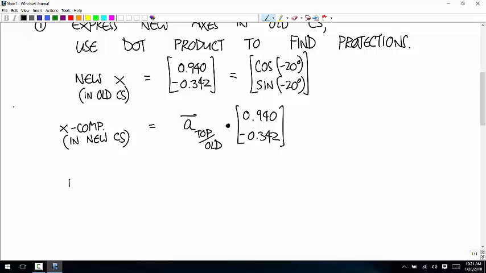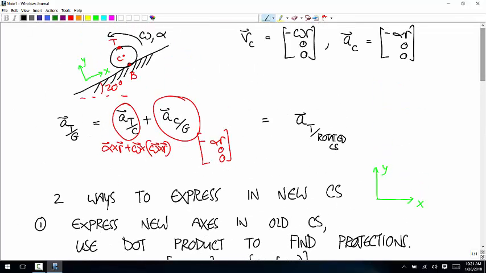And then the new y expressed in the old coordinate system. So how would you represent this vector in this coordinate system? It would have an x component of positive 0.342 and a y component of positive 0.940.